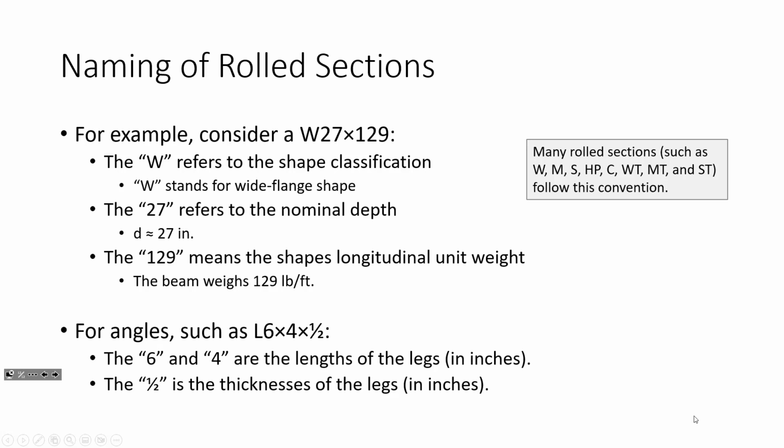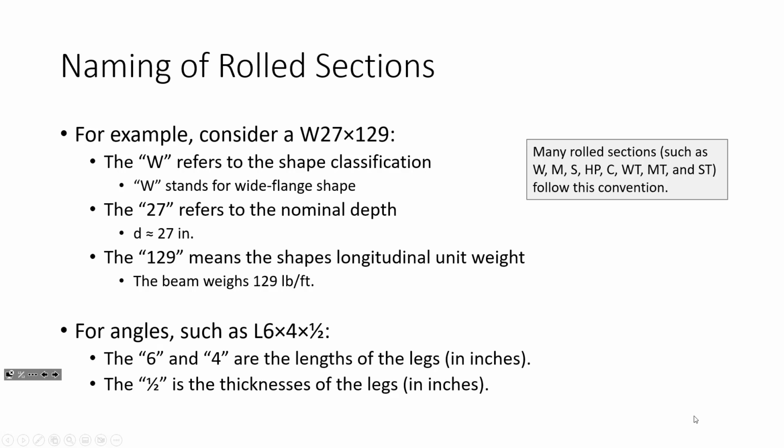The 27 refers to the nominal depth. And what I mean by that is if you group all of the W27s together, about average, they're about 27 inches deep. That doesn't mean that all W27s are exactly 27 inches deep. The one we just looked at a little bit ago had a depth of 27.6 inches, but it's around that depth, okay? So a W27 is about 27 inches deep.